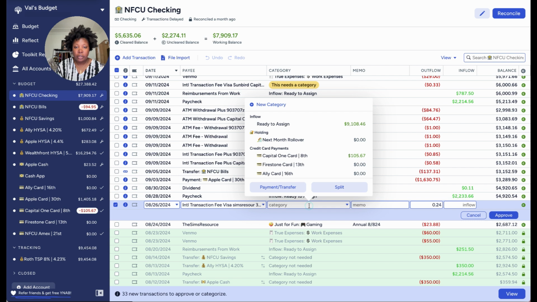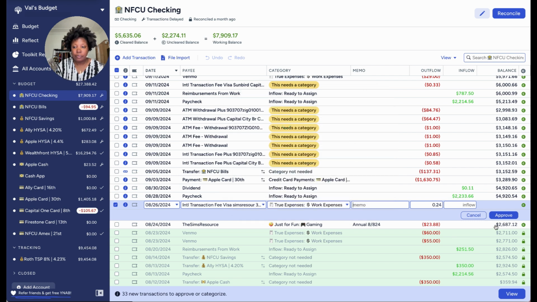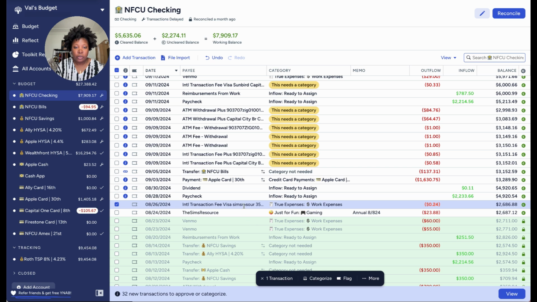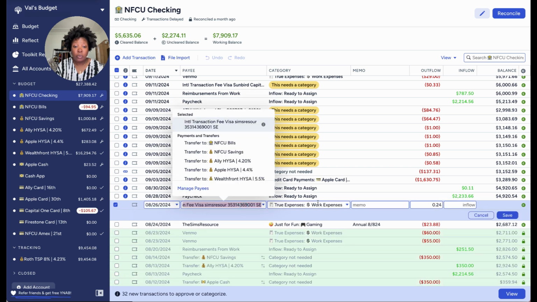So I'm going to make this a work expense. Oh, wait, no, that's not a work expense. This is for the Sims Resource. This is what it says right here, Sims Resource, international transaction fee.